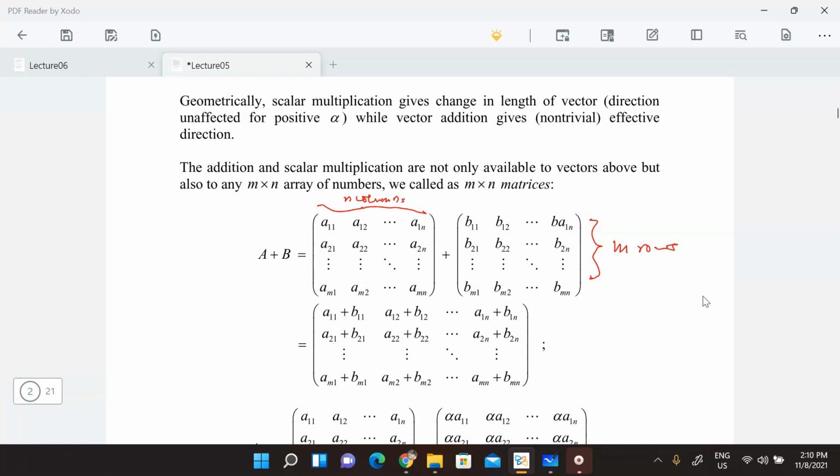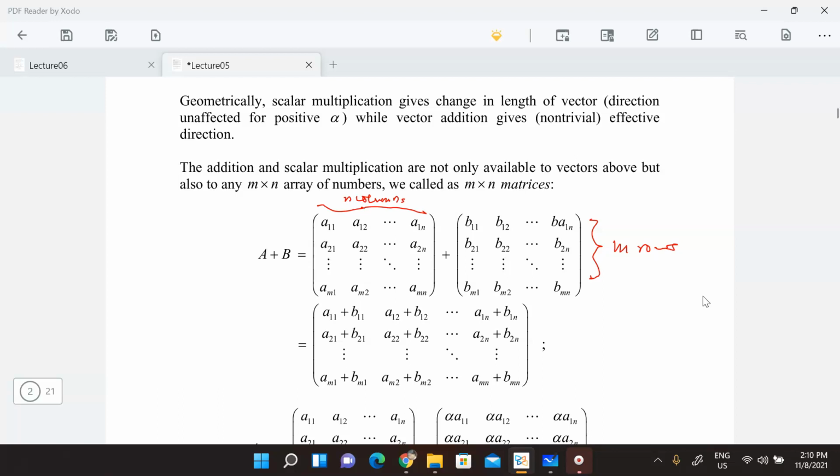In other words, your matrices are just arrays of numbers, but really, if one tries to do this properly, it's not just an arbitrary array of numbers behaving in a certain way.